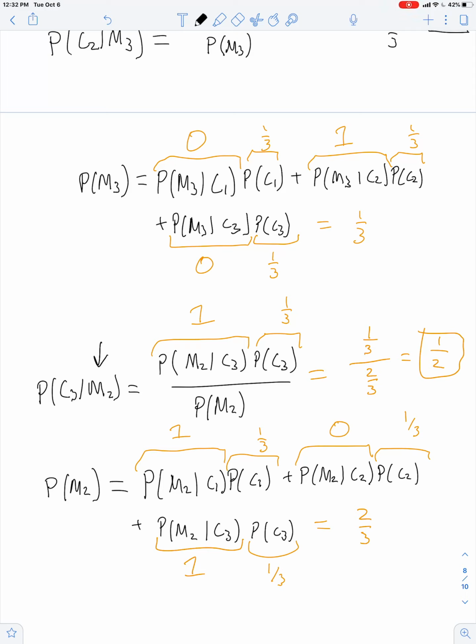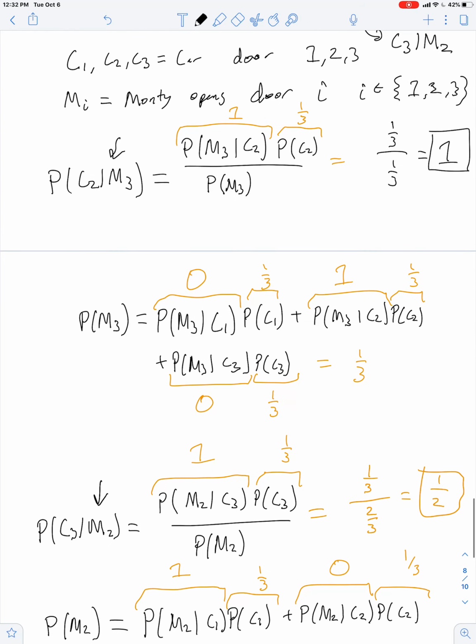So if Monty opens door 2, then it doesn't matter if we stay or switch. But if Monty opens door 3, then our optimal strategy is always to switch. Because the probability that the car is in door 2, given that Monty opens door 3, is 1.